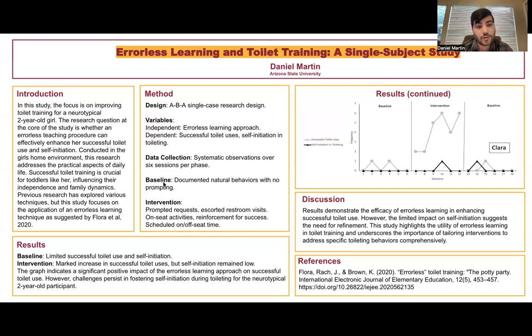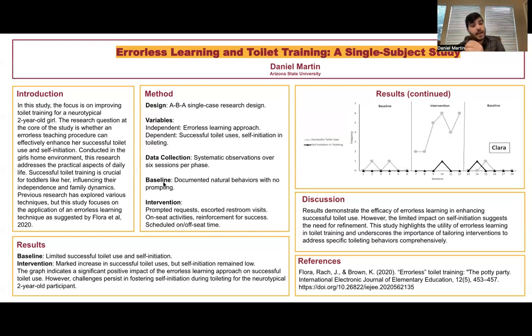So what were the results after that intervention? Well, it turns out that during baseline, she had limited successful toilet uses and self-initiation, meaning that it was clear that she was having trouble with this behavior and she needed an intervention.